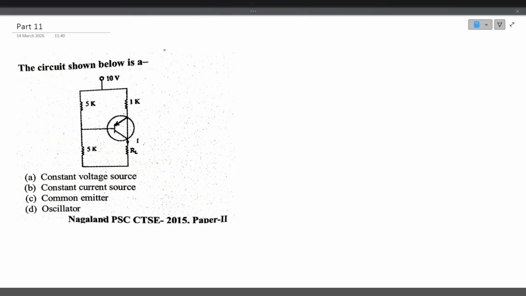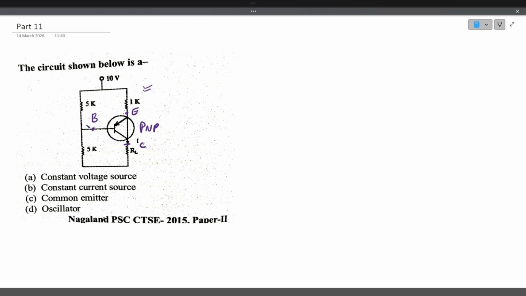Let's see the question. The circuit shown below is. So which of the following circuits is this? If you observe carefully, this is a PNP transistor. And this is the base, this is the emitter, and this is the collector. To find out the circuit, first you have to find out the input and output.